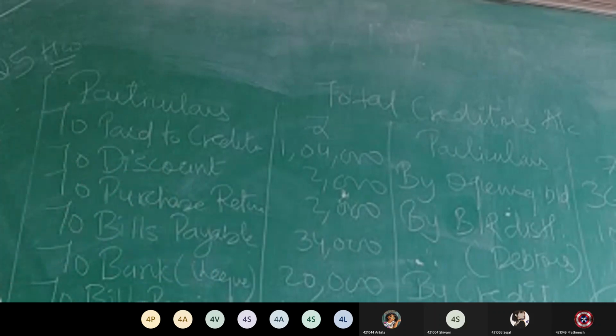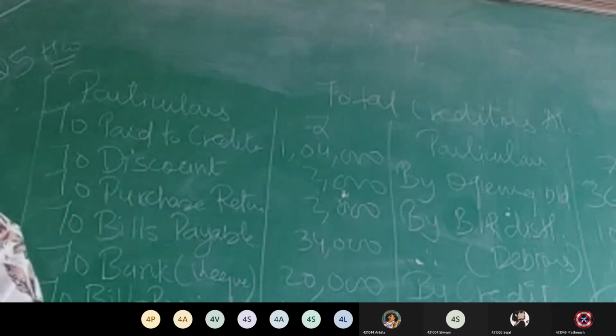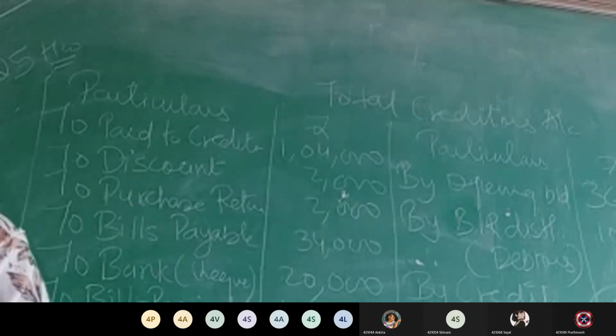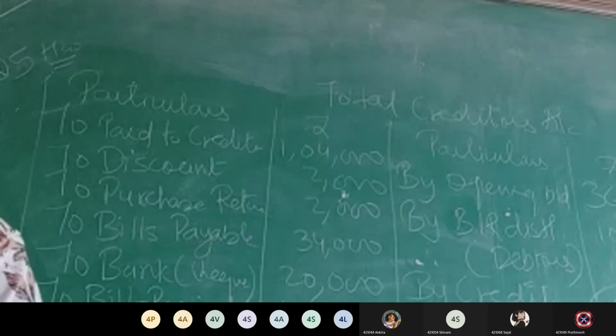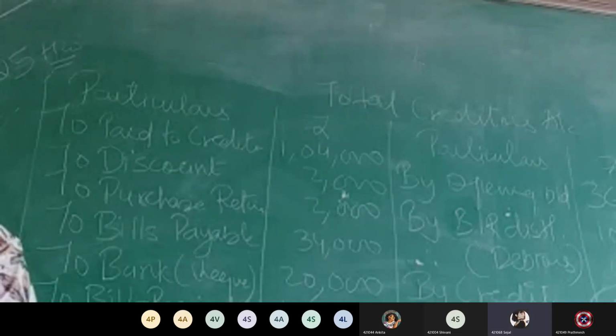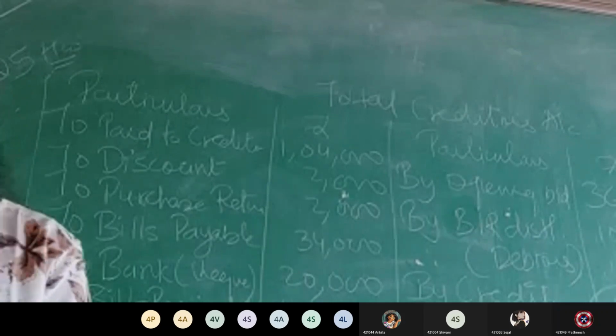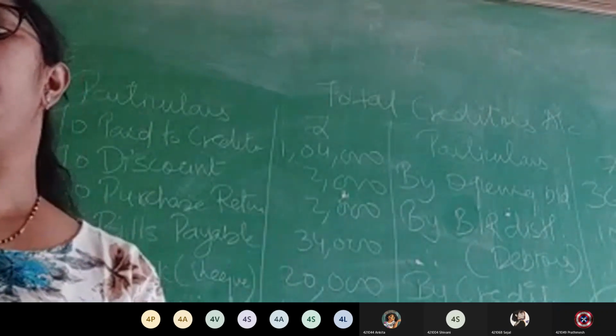Which account to prepare? If my opening stock is not there, which account will I prepare? Check the table. Trading account. Opening stock is not there. Which account will you make? Memorandum trading account, not trading account. Okay. Opening stock is not there, right?